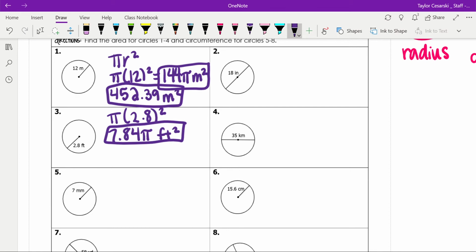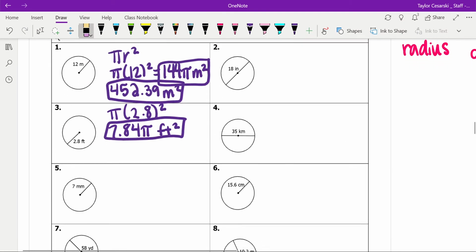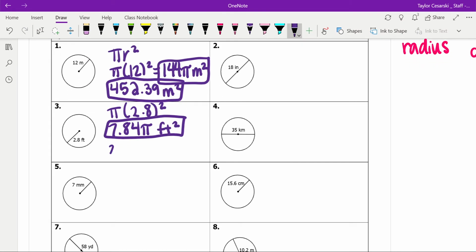And the other way would just be to type that all in your calculator and to get 24.63 feet squared. Okay, so that's area.